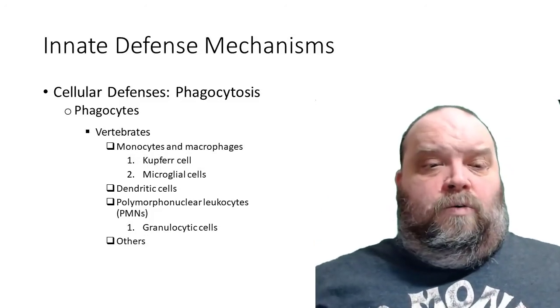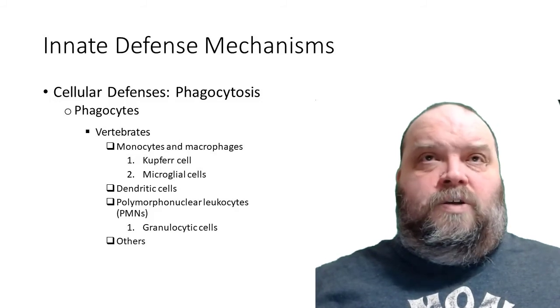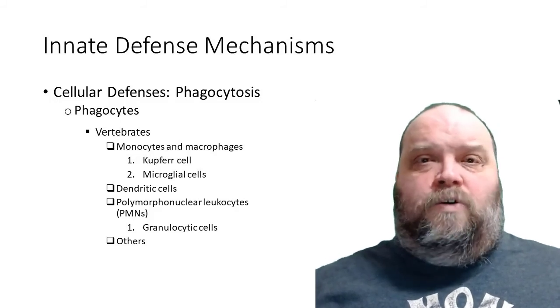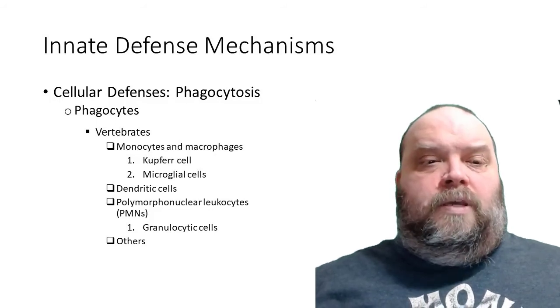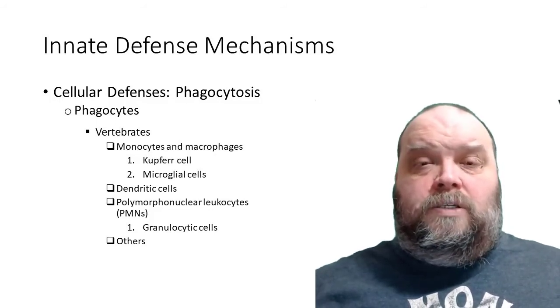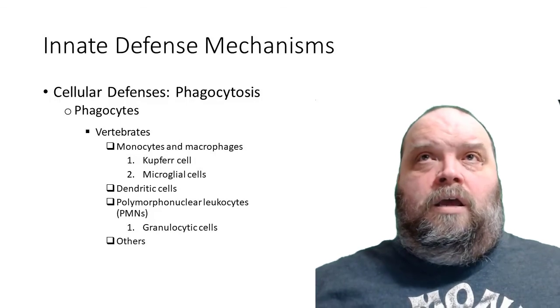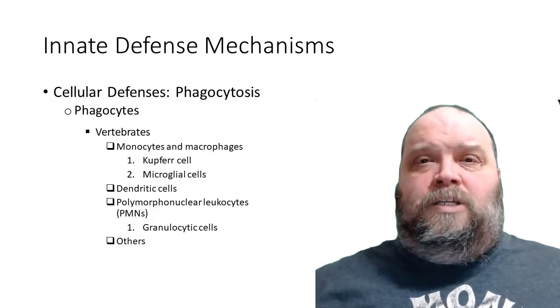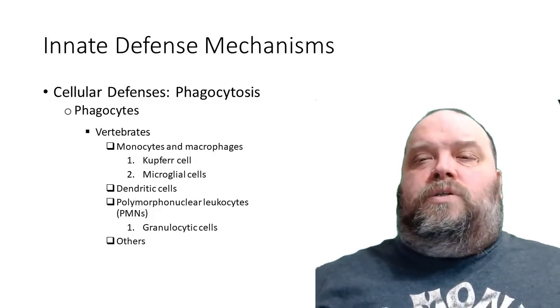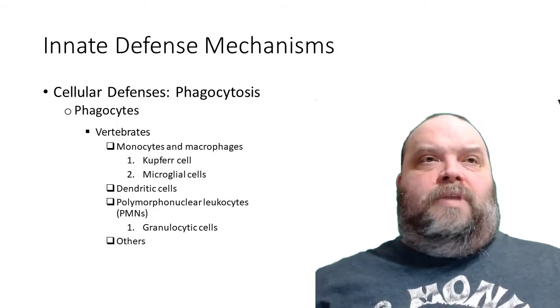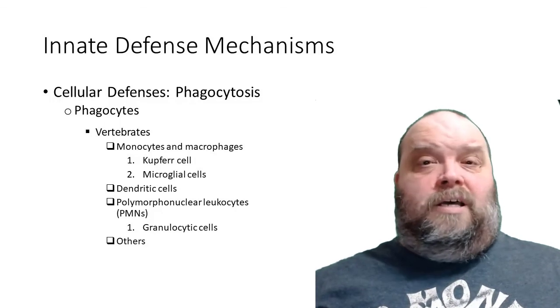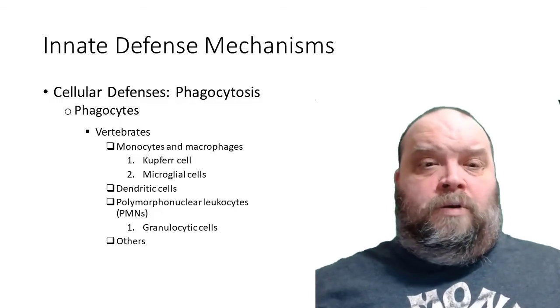Then you have granulocytes. These are the eosinophils, the basophils, the mast cells. These are cells that you're going to find in vertebrates that have developed this ability to overproduce certain enzymes, certain digestive enzymes is what they've learned to overproduce.